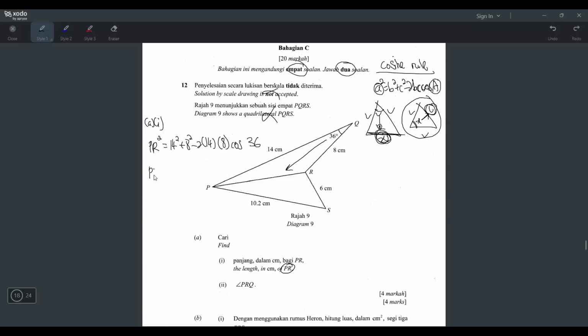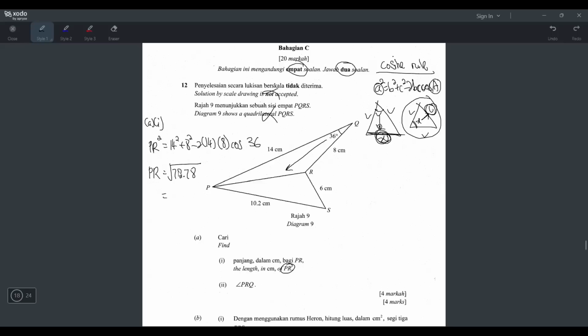That's all. So for PR, the square can pindah sana jadi square root, and all this you can press in your calculator. Just tekan je semua. 14 square plus 8 square minus 2 times 14 times 8 times cos 36. So just tekan everything inside the calculator, you will get 78.78. Actually, the calculator gives me banyak decimal places, right?